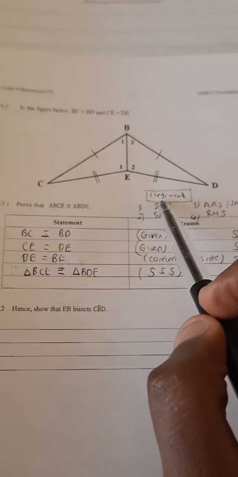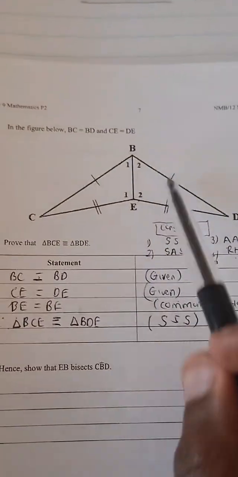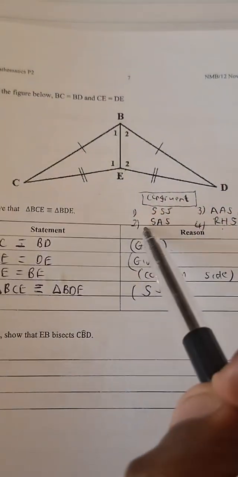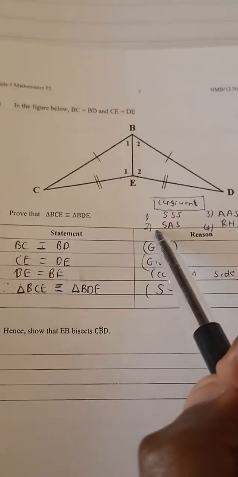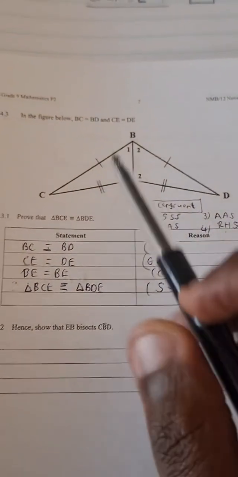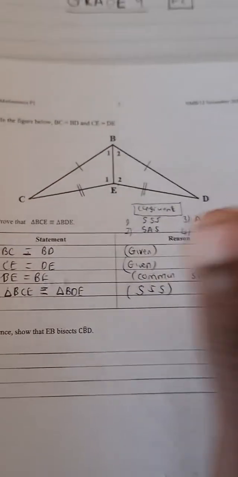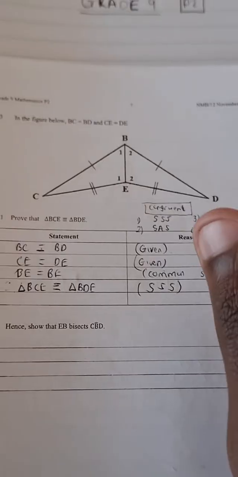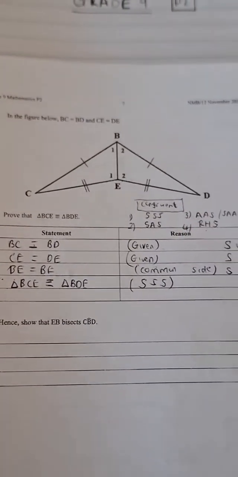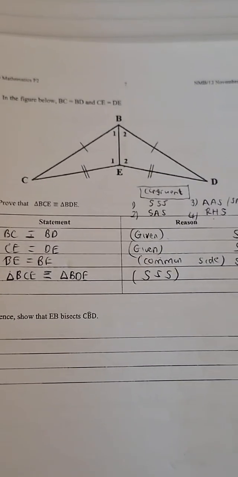Now, if you are going to ask me, sir, could I have answered this question and proven case 2? My answer to you would be, well, my dear child, in this particular situation I could not necessarily have used case 2 to prove that the triangles are congruent. Why?